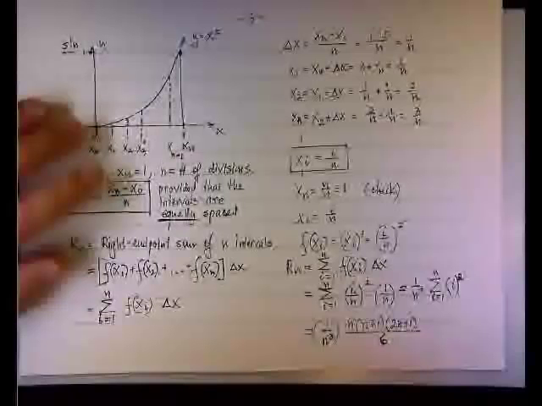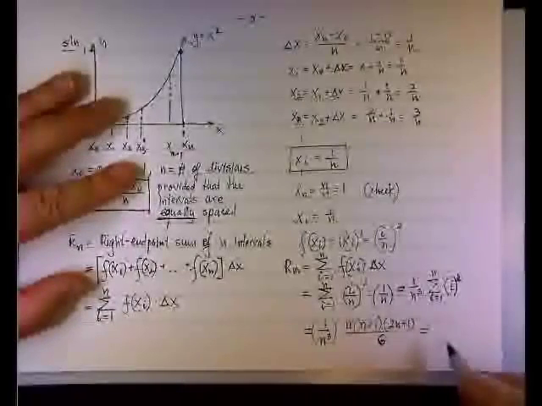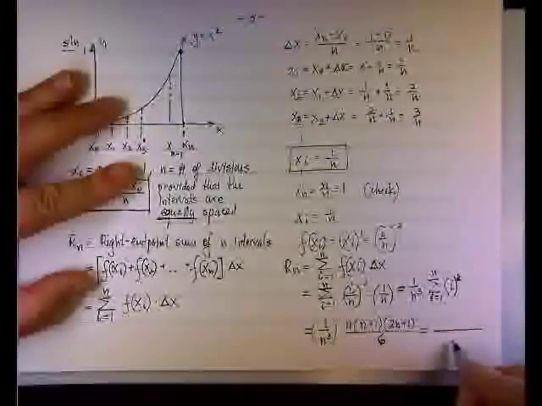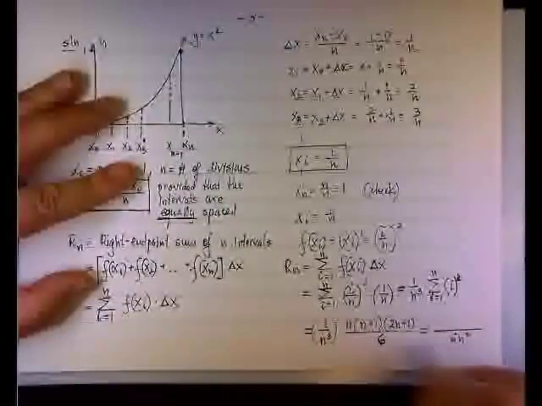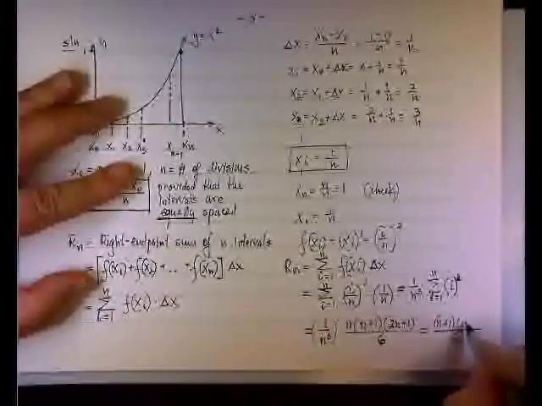Okay? Now this can be simplified a little bit. We have n divided by n cubed, so that will be n squared in the denominator. So the denominator will be 6n squared, and the numerator will be n plus 1 times 2n plus 1.